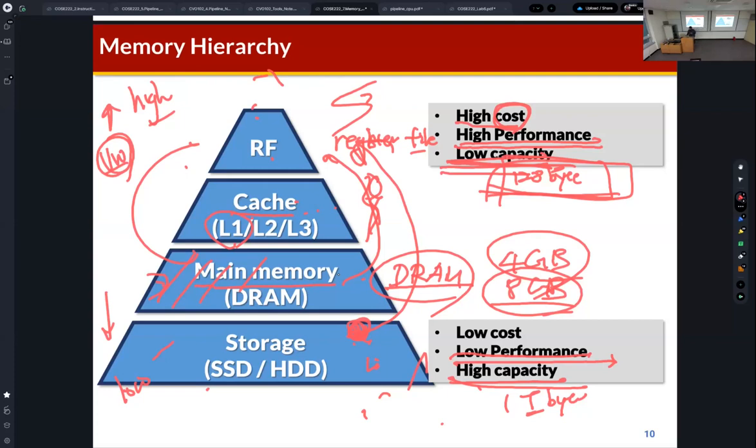The low level memory, like storage, is large, very slow, and cheap. This is also a very important concept in computer systems. Most computer systems use a memory hierarchy; actually it is implemented in all computer systems.